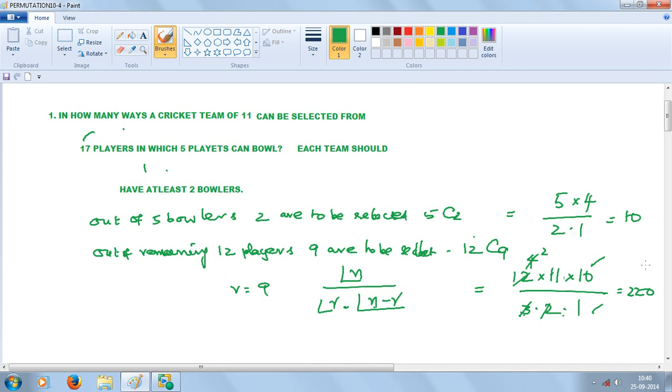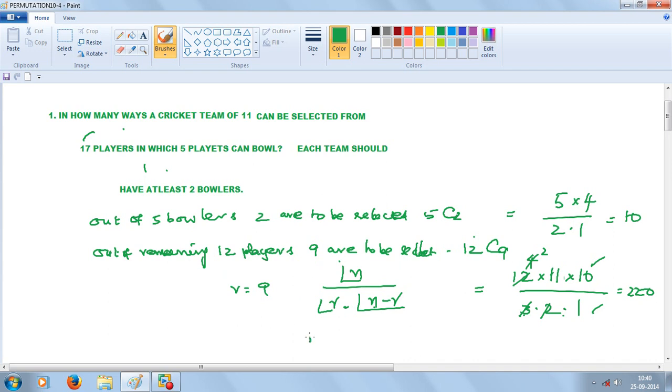So bowlers can be selected in 10 ways. Remaining players can be selected in 220 ways. So how many ways can the cricket team be selected?